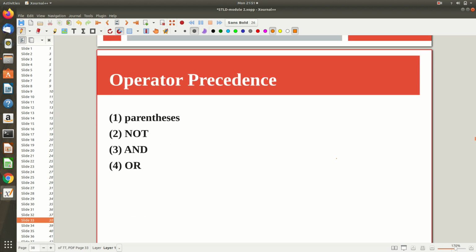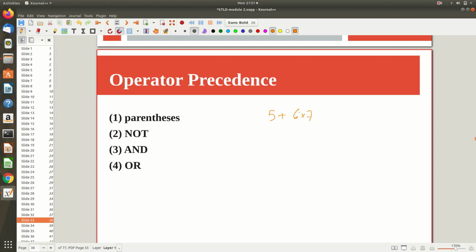Now one more very small topic we can just go through. What about the operator precedence? In C language and all, we have some precedence for operators, and sometimes it is there in our mind by default. See, I have an expression like 5 plus 6 into 7. You know that this multiplication will happen first, right?